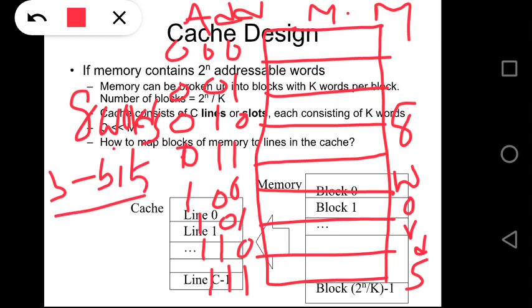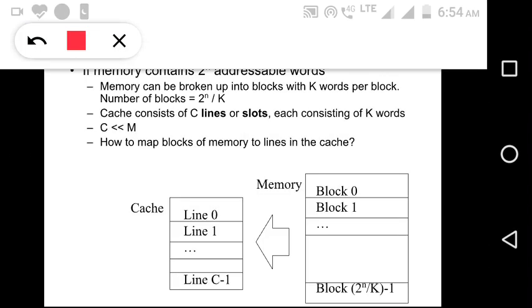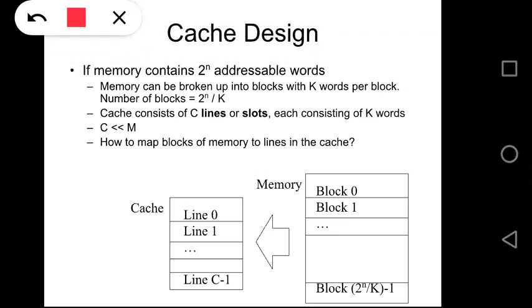What is the relation between 3 and 8? 8 can be written as 2 power 3. This is the basic, and it is very important to understand this concept. Next, now you understand this statement: the memory contains 2 power n addressable words in main memory.